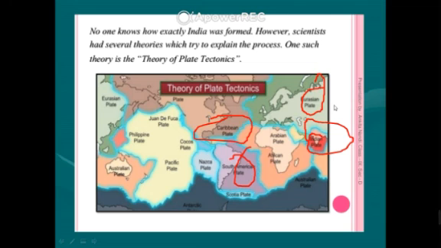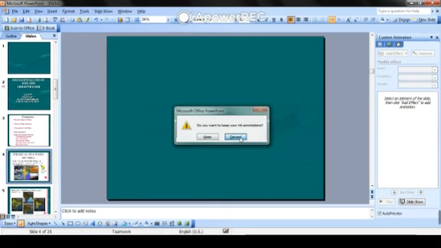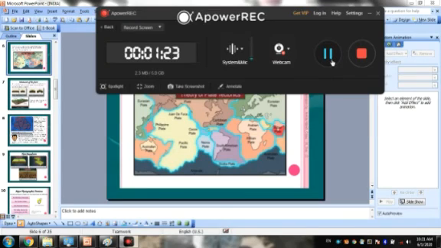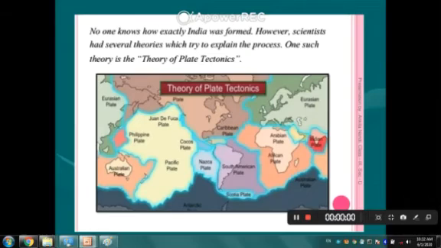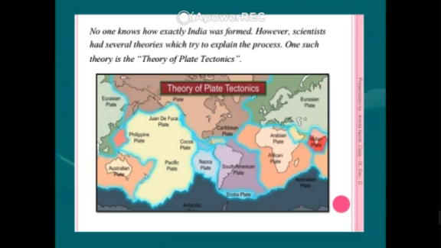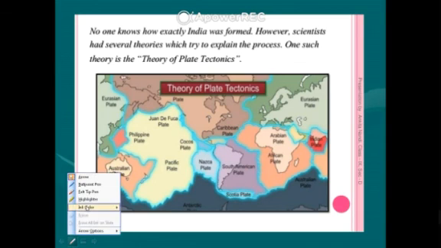Okay, so we will start from the historical view of the plate tectonic theory. Okay, first you know the plate tectonic theory was given by Wegener, and plates are in the form of crust and move from one place to another. Okay, so Wegener says our earth was made of only two physical structures.